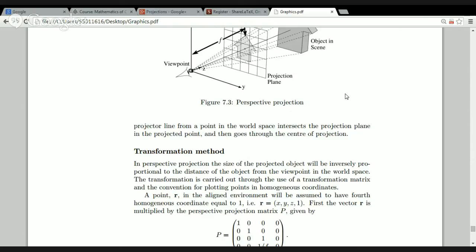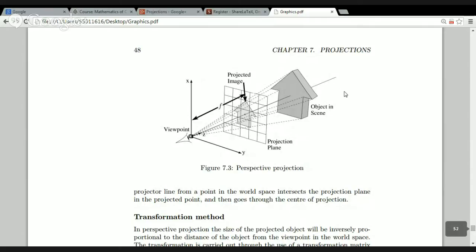So to implement this method, what we want is some kind of matrix type method for taking the coordinates of these points in reality in the scene and obtaining essentially just the two-dimensional points, just the x and y points. That picture's a bit funny because they got the x and y axis there. I think that's a misprint. That should be the horizontal. Anyway, we just want the two-dimensional x and y coordinates of the projected points on the projection plane.